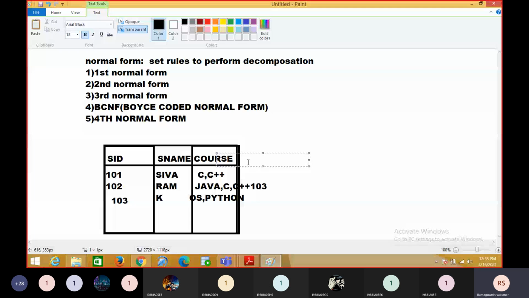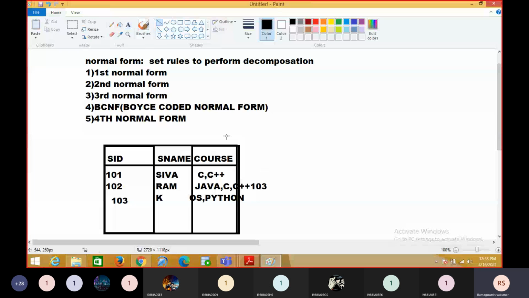So how to decompose it? Decompose this table. What is the prime attribute? Prime attribute is SID, the candidate key.